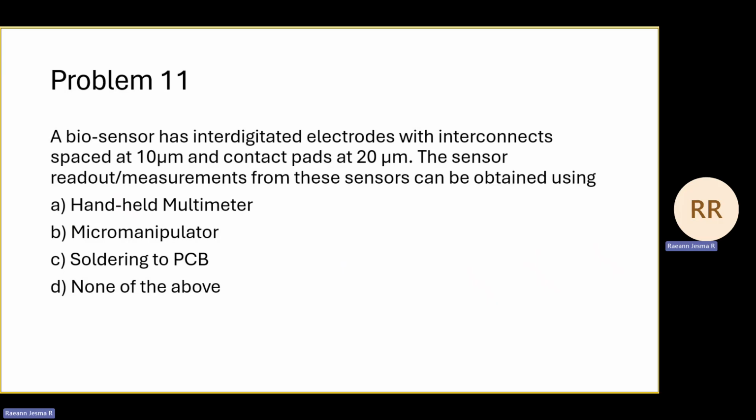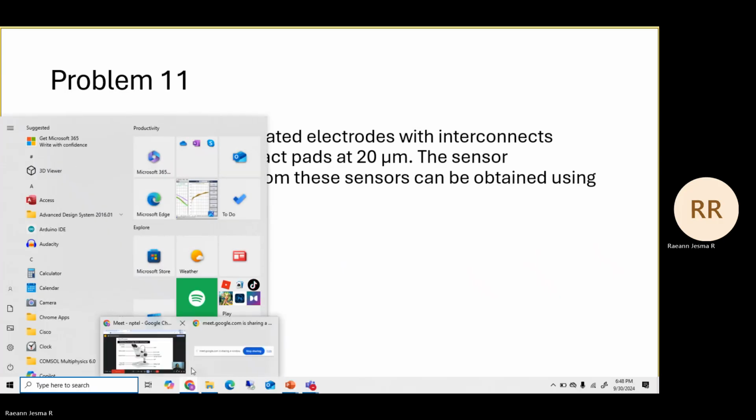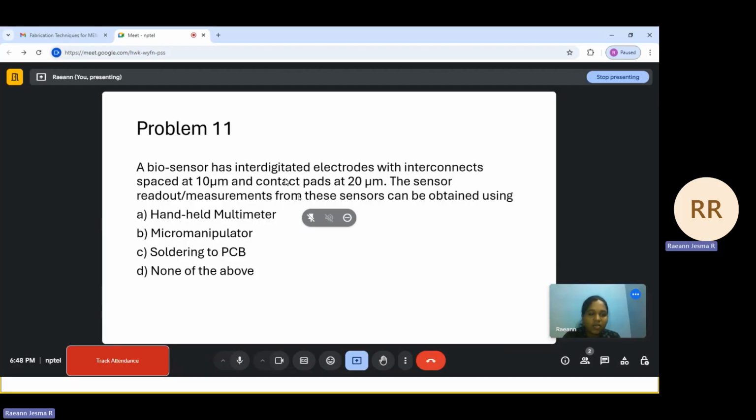The sensor readout measurements from these sensors can be obtained using option A, handheld multimeter, option B, micromanipulator, option C, soldering to PCB, option D, none of the above. So which is the correct answer for this question? A biosensor, how do we measure any particular readout from the sensors?